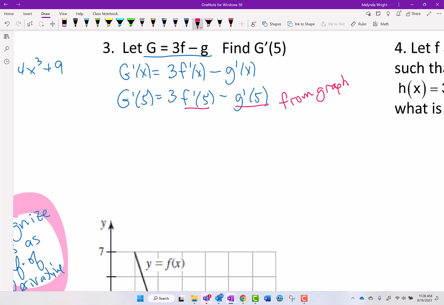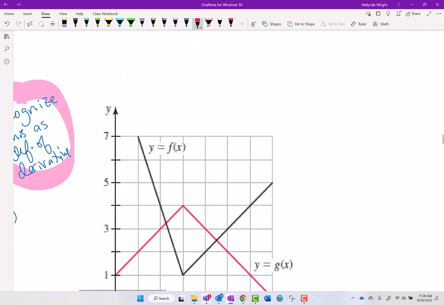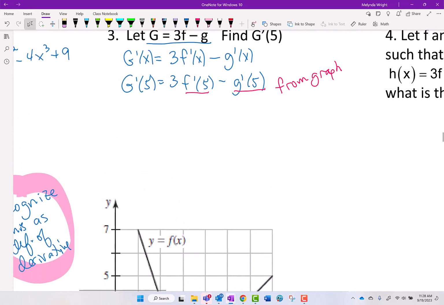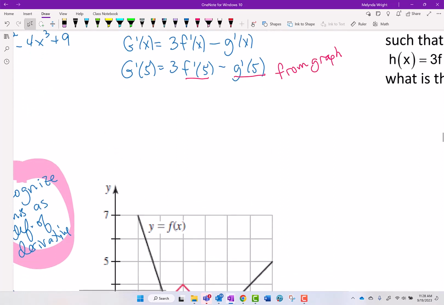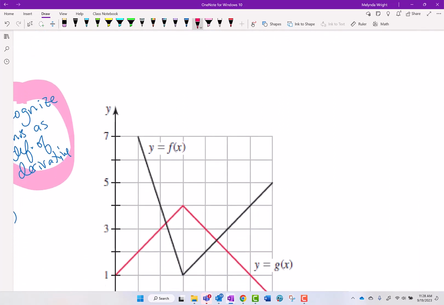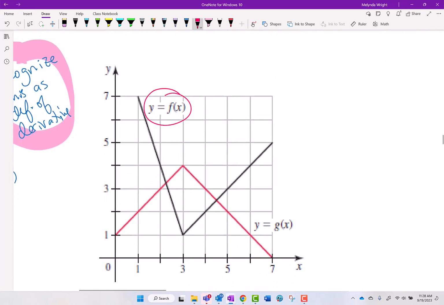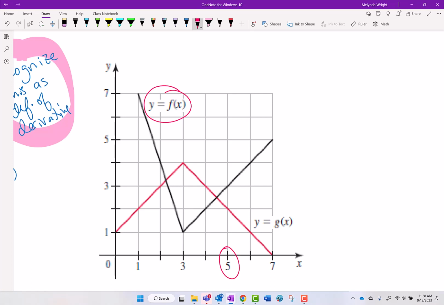Okay, so let's look to see where g prime of 5 would be. Sorry, we need both g prime and f prime. Let's work on the first one first. So f is the black lines. So f prime of 5, here's 5. So I need this slope, right?